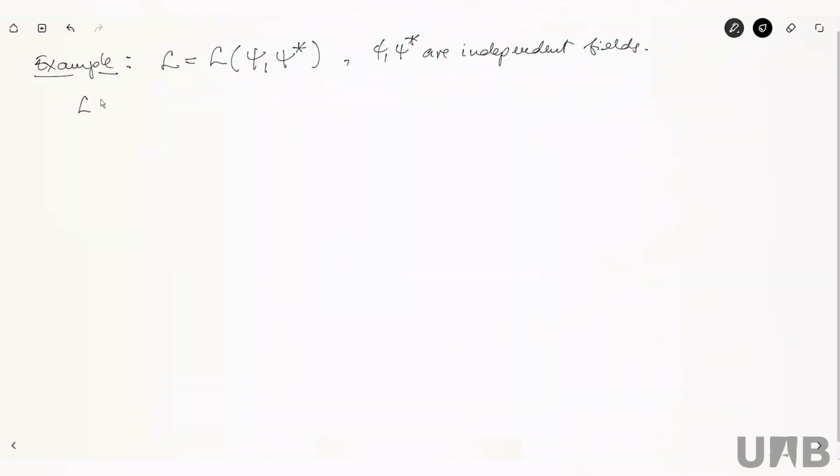And the Lagrangian is explicitly given by this expression. I psi star derivative with respect to time of psi minus 1 over 2m gradient of psi star dot gradient of psi minus a certain function V of x times psi star psi.